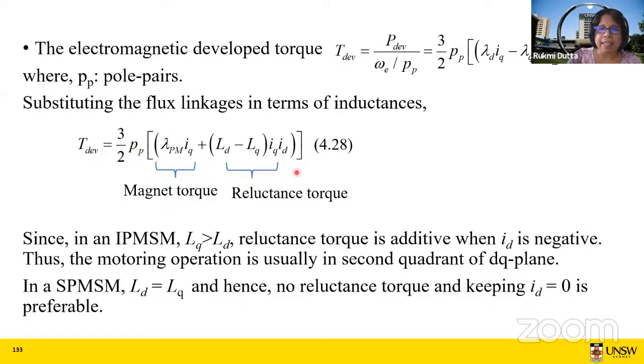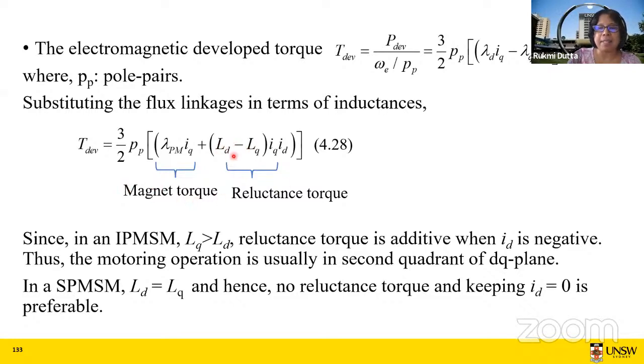Now, if you look again closely, you'll see that torque here has two components. The first torque comes from the magnet's flux linkage, and that's why this term is called magnet torque.